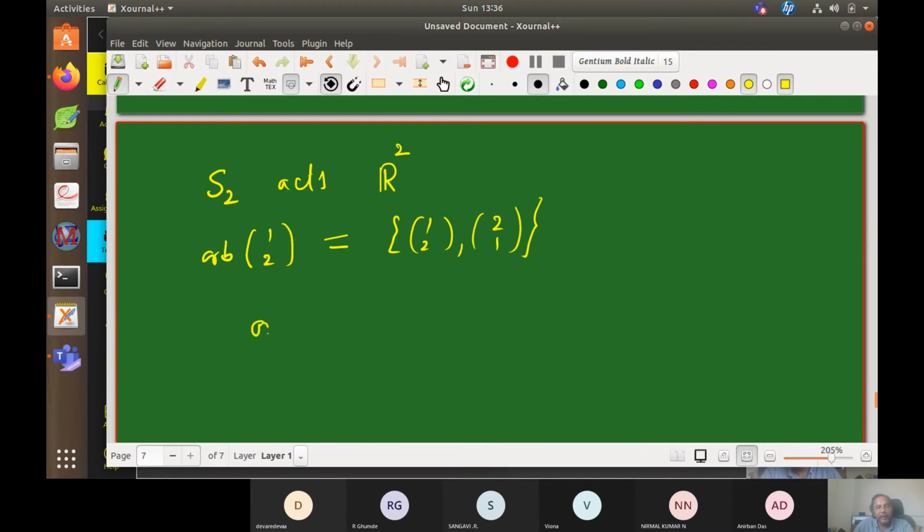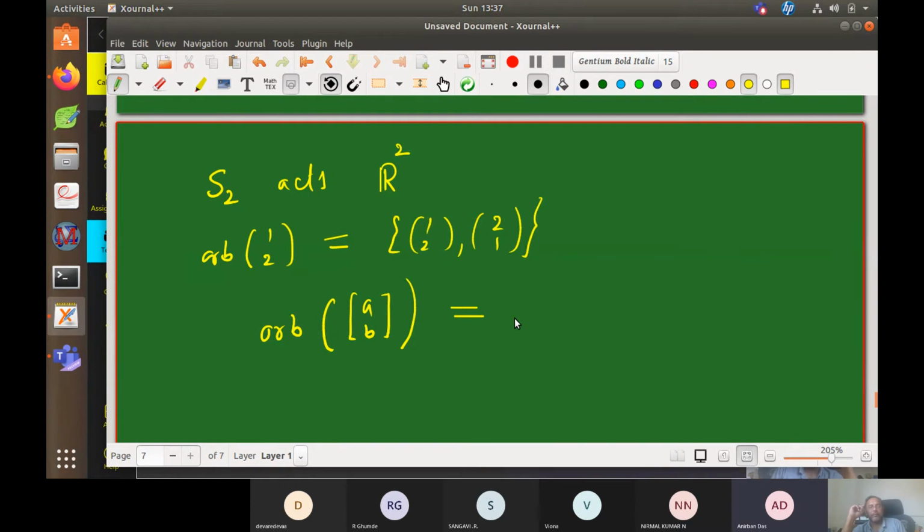So in general, if I take the orbit of (a, b), an element in R2, think about it for a minute. The orbit of (a, b) is (a, b) and (b, a), every time.